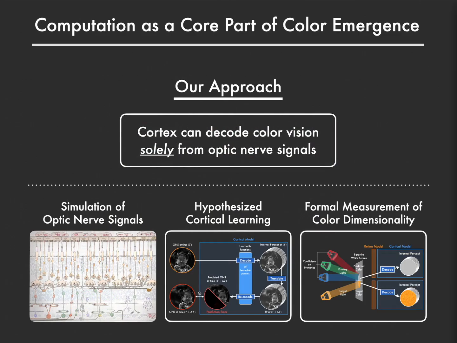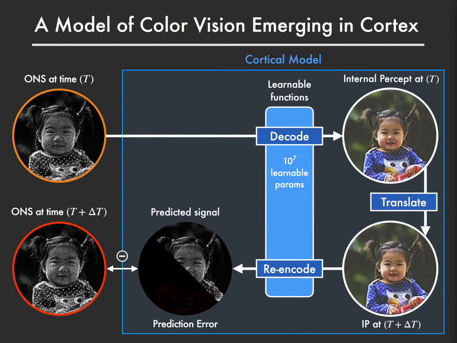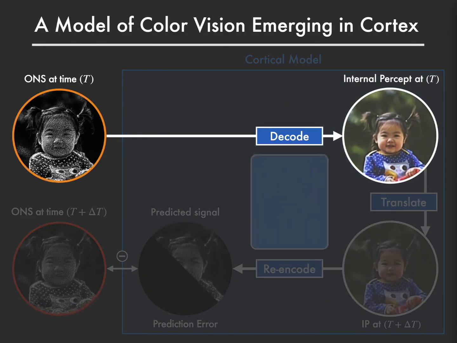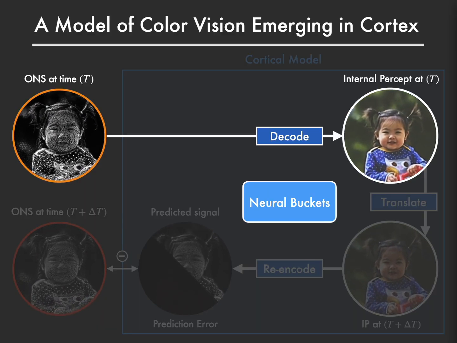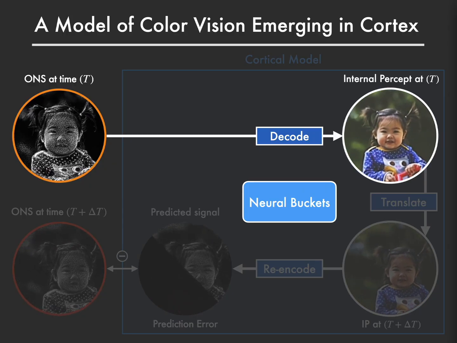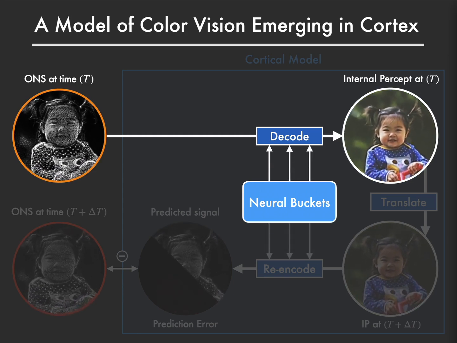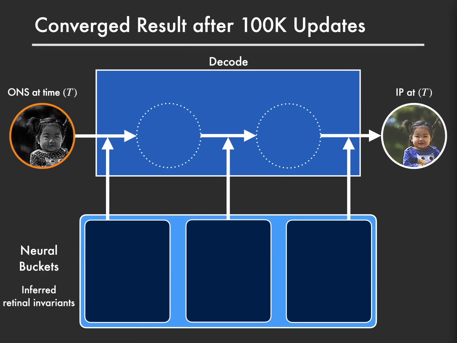And now let us get into some technical details of our hypothesized cortical learning. This is a slide copied from earlier, and I want to start with this decoder function. Inside the cortex, we prepare what we call neural buckets for storing knowledge about the invariant retinal properties. It's not hard to imagine that having perfect knowledge of all retinal functions that have generated the optic nerve signals, the cortex would have an easy time decoding that signal.